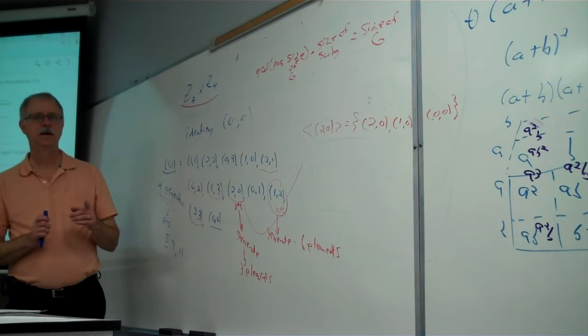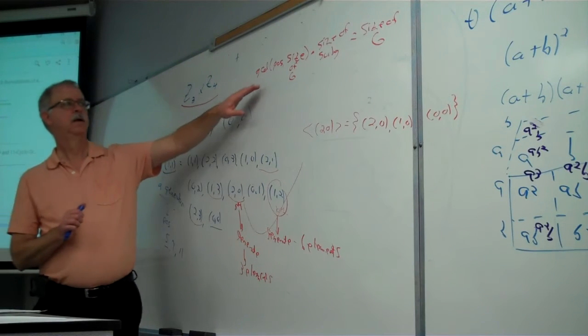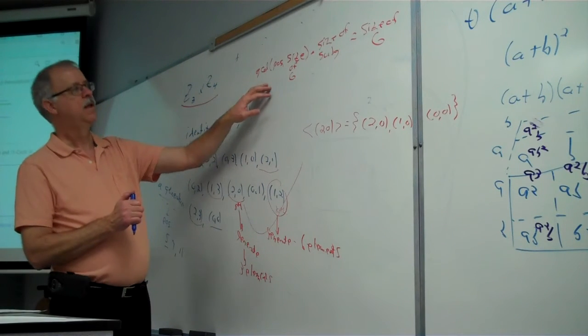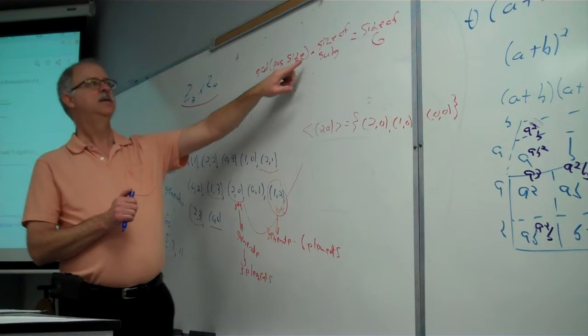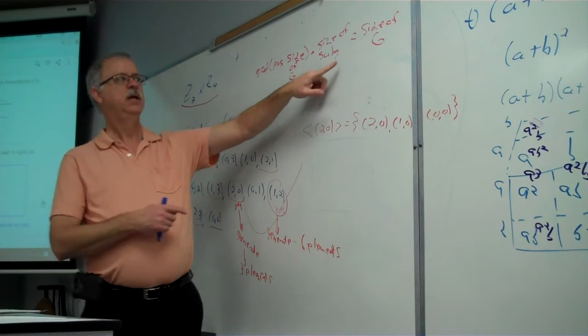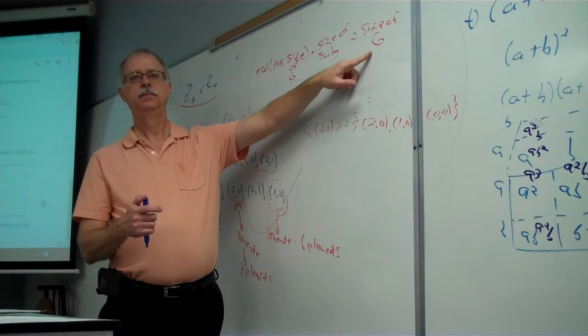I'm not able to read that equation on the very top in red. I can't read it very well. Okay, the greatest common divisor of the position and the size of the group times the size of the subgroup equals the size of the group.